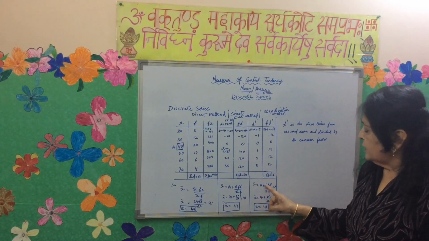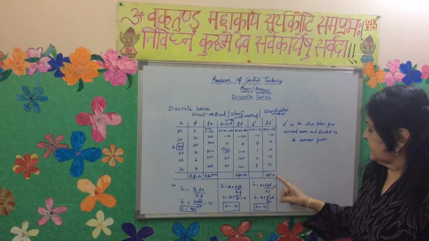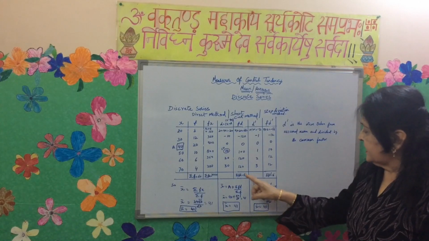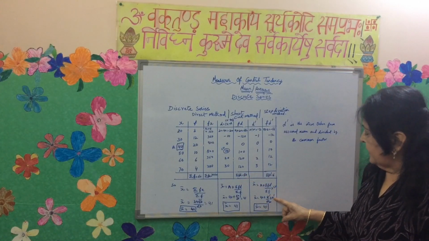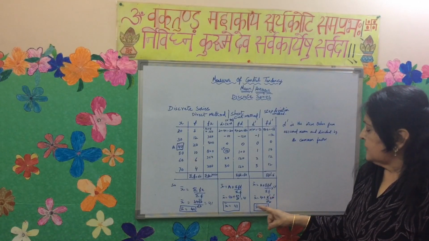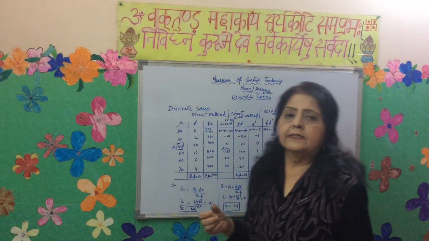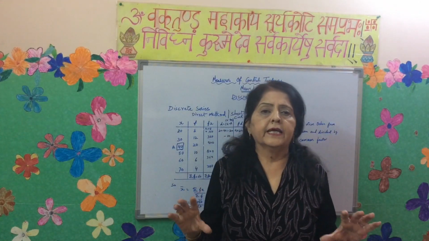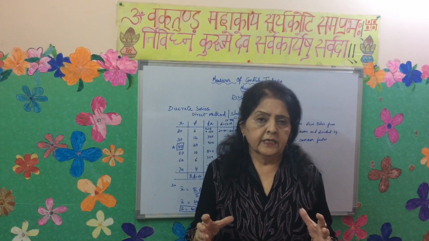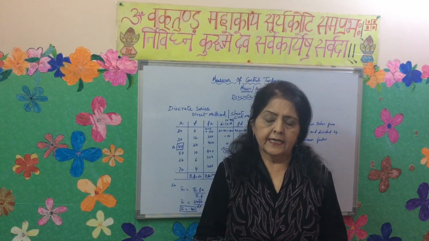Here the assumed mean is 40, sigma fd dash is 6, sigma f is 60, and the common factor is 10. So the answer you get, x bar is equal to 41. As I told you earlier, whichever method we take, the answer will not change. So we have solved the discrete series.